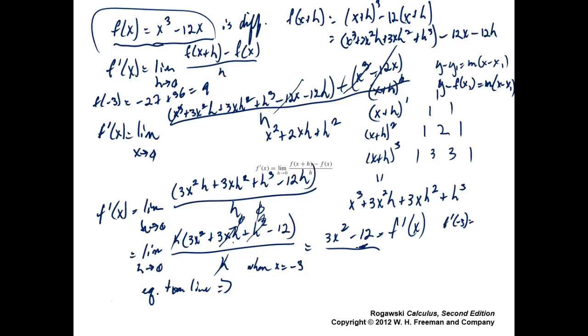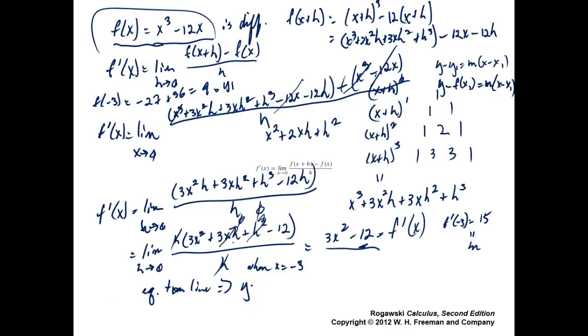Say again? 15. All right. Such high-level math this early on a Monday morning is terrible, isn't it? So this is your m. This is your y1, or f of x1, right? I think we can write down the equation of the tangent line, can't we? What will it be?